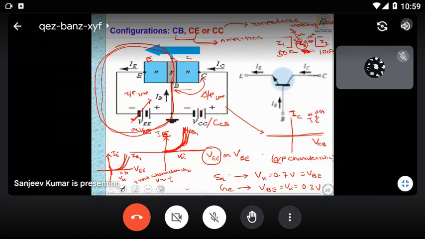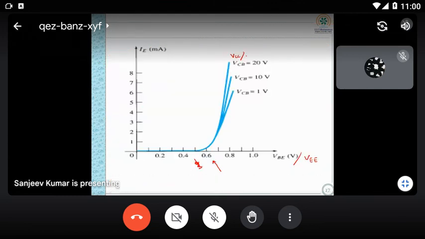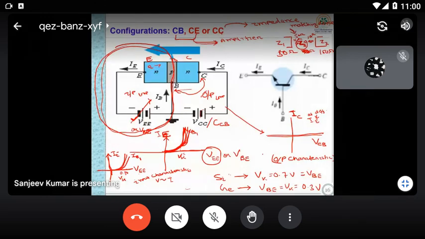Now at different IB values, because whenever I'm connecting something in this branch, current will flow like this, because electrons will flow like this, and current will flow in the opposite direction. Why electrons? Because it is an n-type semiconductor here, so electrons will be emitted. Now at different IB levels, whenever I'm giving some supply voltage, the current will also vary. Right? That feature we have to draw.